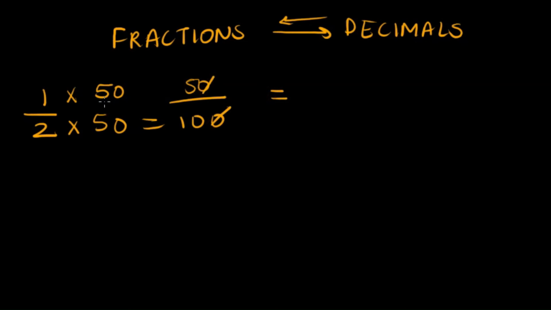I could also have multiplied 1 and 2 by 5, because what I need to get in the denominator is 10 or any power of it. So 5 upon 10.